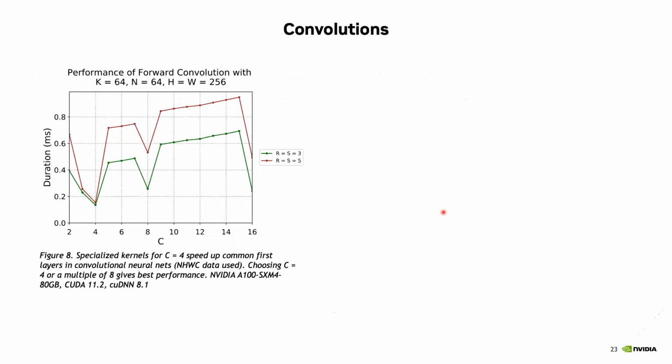Another very important thing is how we choose the number of channels. And this is pretty funny. This is for the first layer in a neural network, when usually my resolution is high, like 256 times 256. For the first layer, my number of input channels is small, like 3. This is suboptimal, so the 3 is going to be this point.